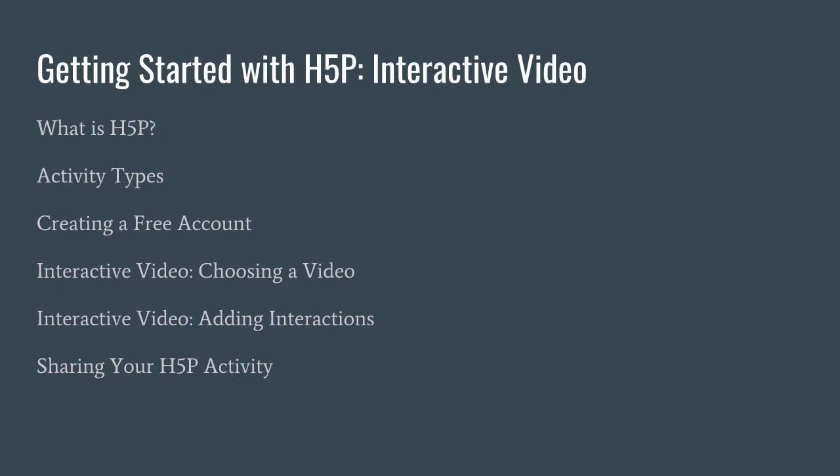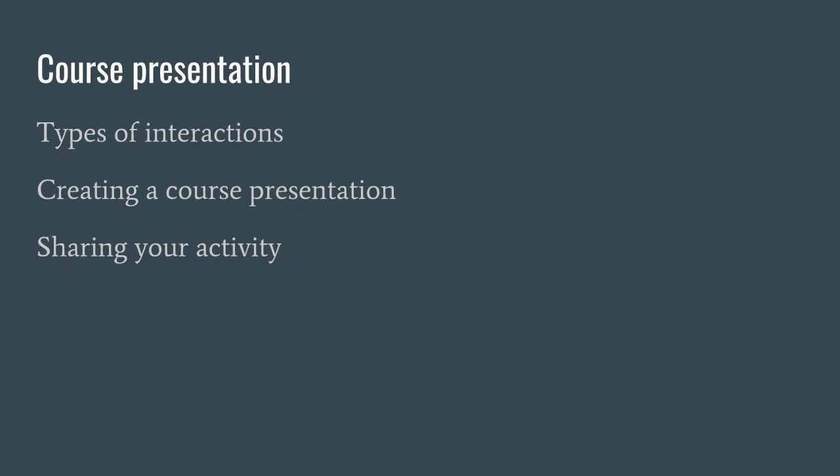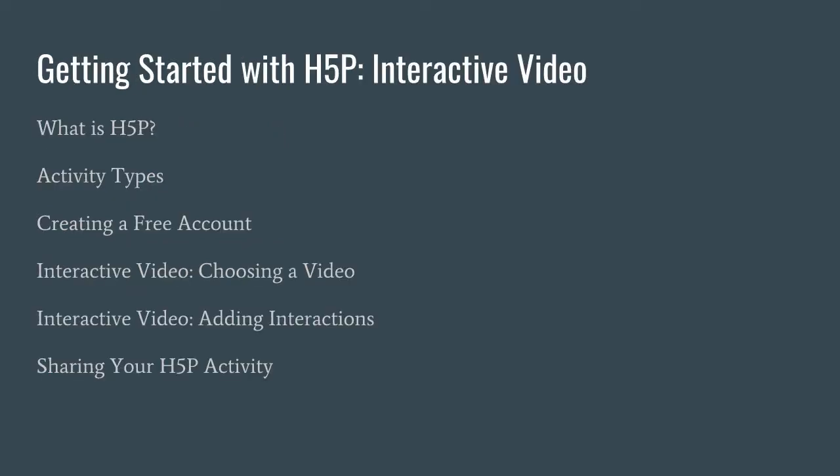The second half of it shows you how to create an interactive video and then how to share that interactive video. Today we're going to focus on the course presentation activity type, what types of interactions it allows you to include, how to create one, and then how to share your activity. But if you need any of that background information, like how to create an account, then go back and look at the interactive video one.